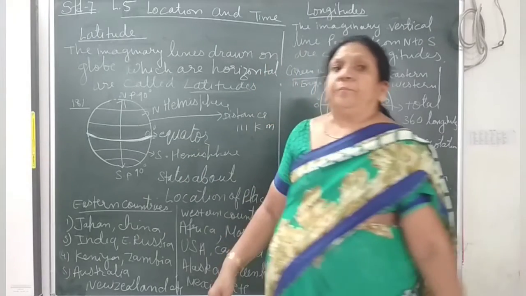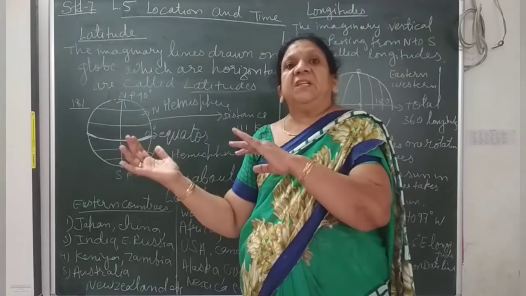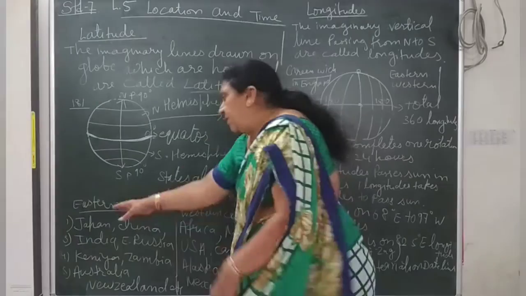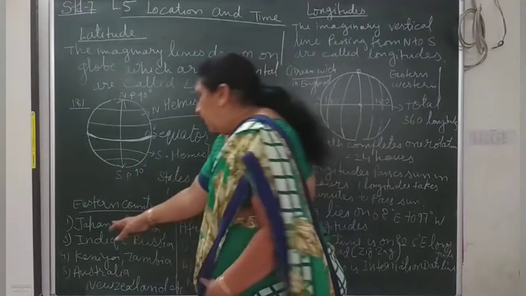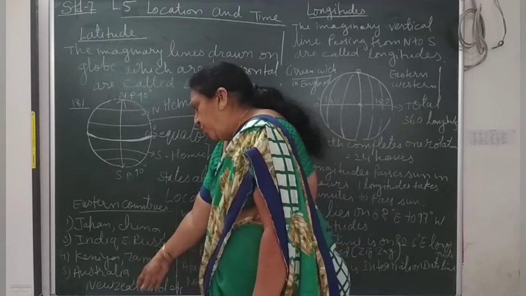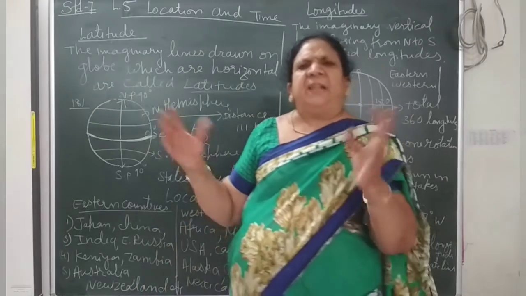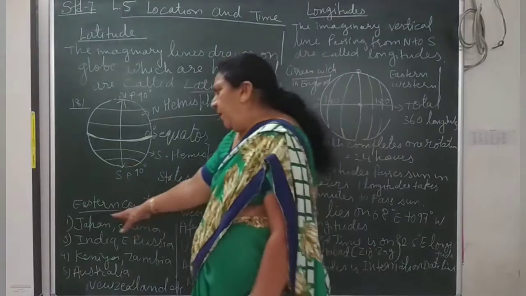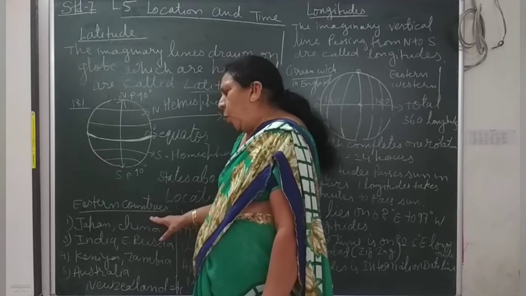Now there are two parts, eastern countries and western countries. On the eastern side there are Japan, China, India, Russia, Kenya, Zambia, Australia, New Zealand and many other countries, in Asia and the eastern continents.